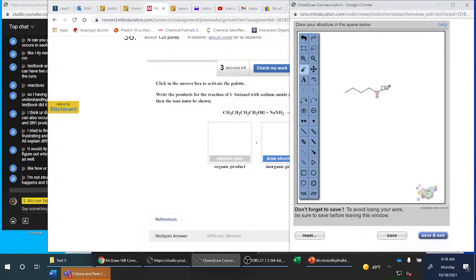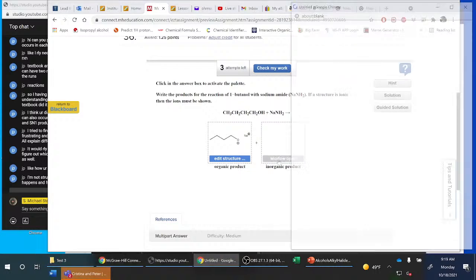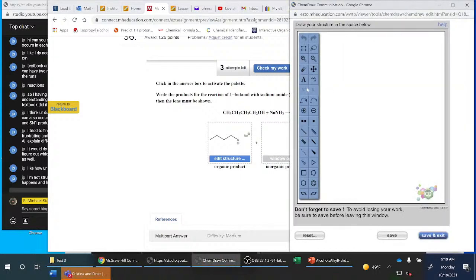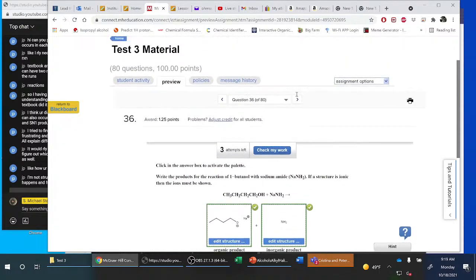I don't think you draw the bond in there. So your organic product here is the alkoxide. And then your inorganic product here is ammonia, NH3. And I do need to correct this in the packets. I think the packets show the NH2 doing a substitution reaction.